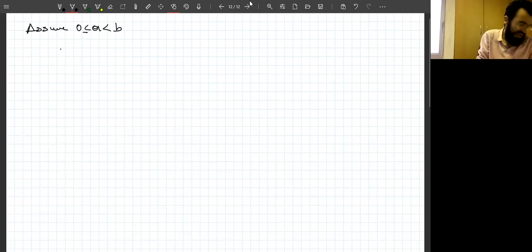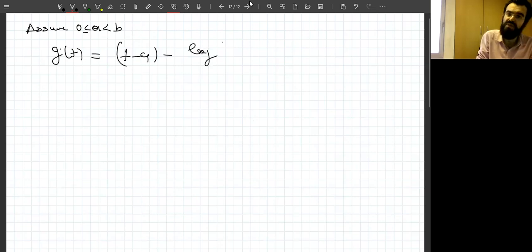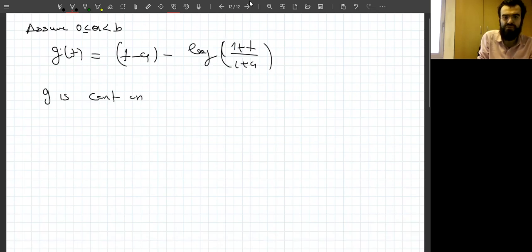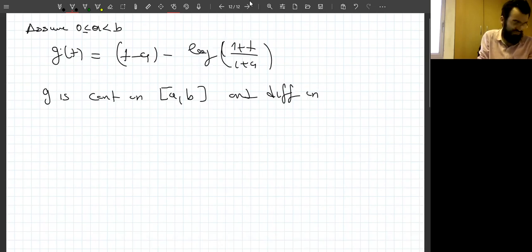So our function g of t is t minus a minus logarithm of 1 plus t over 1 plus a. Then g is continuous on a b and differentiable on open a b.